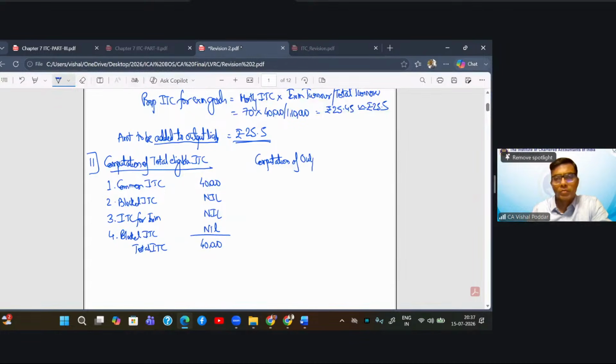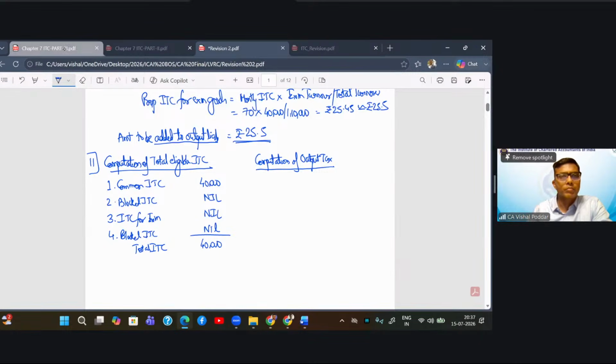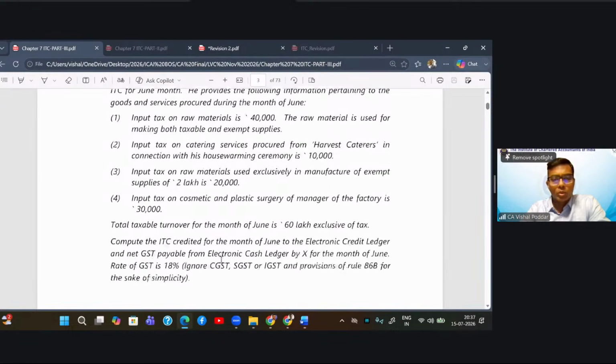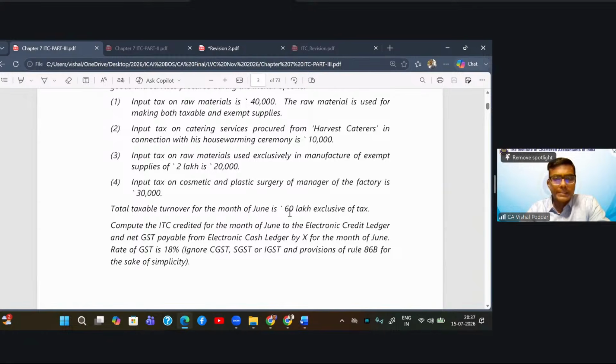Now question of output tax. Now what is my output tax? So total taxable turnover is 60 lakhs.